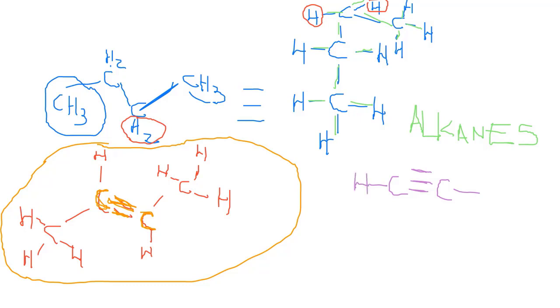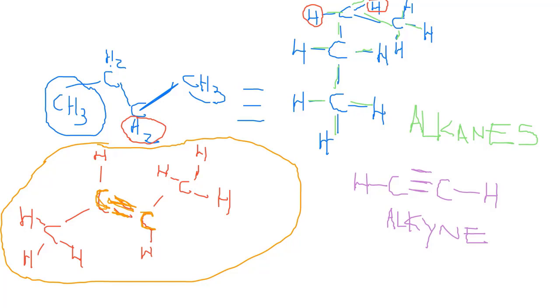So this is not exactly the example that they are giving us, but this has a triple bond, so it is called an alkyne.